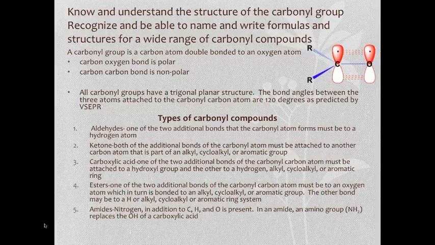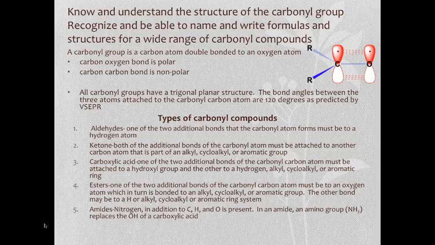A carbon-oxygen bond is polar. The carbon-carbon bond, nonpolar. All carbonyl groups have a trigonal planar structure. That means that between the atoms attached to the carbonyl carbon atom is 120 degrees as predicted by VSEPR.